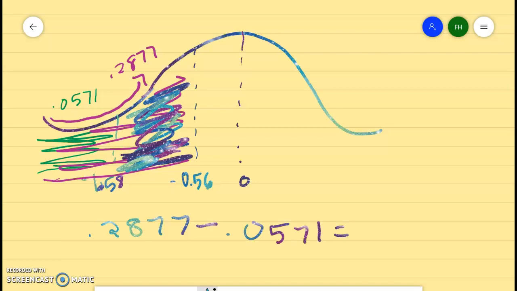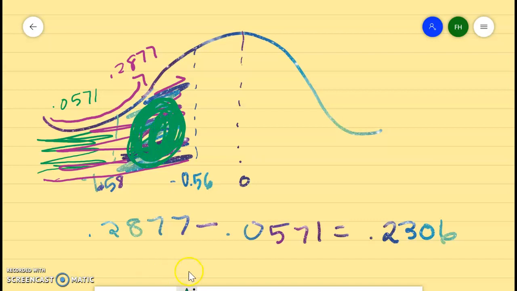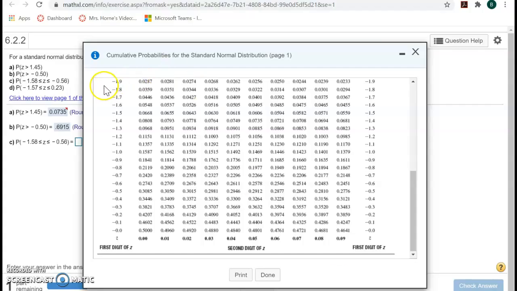So take the probability of the bigger one, subtract out the probability of the smaller one, and that will give you the probability of in between. So the probability in between these two numbers, right here where I did the circle, is 0.2306.